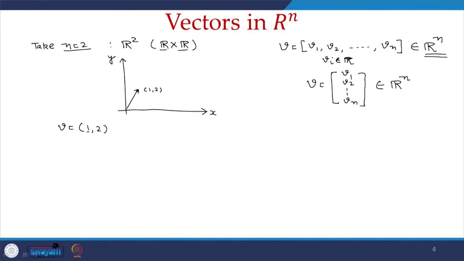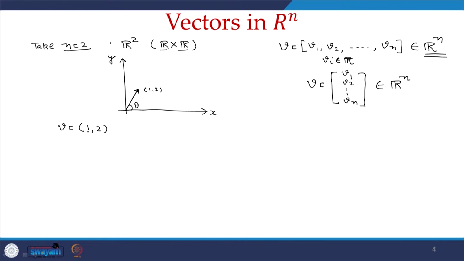The length of this is the magnitude of v, and this is the angle the vector v makes with the x axis, which represents the direction of vector v.